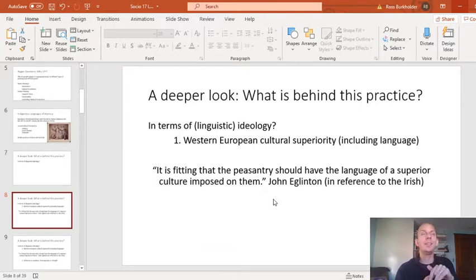But it's the most succinct, in-your-face, unapologetic expression of this type of ideology that I think I could find. Right? It's fitting that the peasantry should have the language of a superior culture imposed on them. It's cultural superiority. Absolutely, cultural superiority.